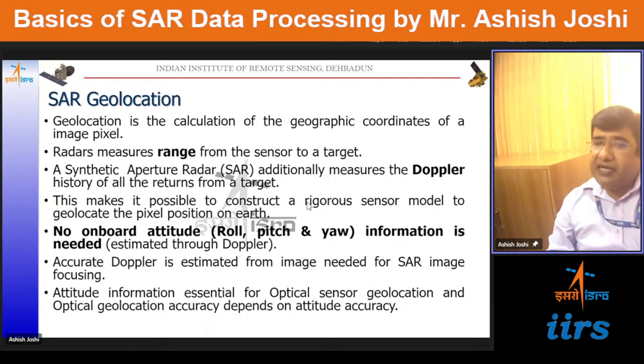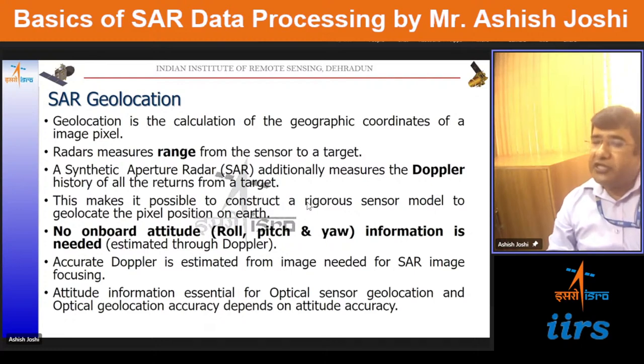Radar measures the range from the sensor to the target. I have already told you about the range. And the synthetic aperture radar additionally measures the Doppler history of all the returned targets. As I said, in the synthetic aperture concept, it is the motion of the SAR that makes the synthetic aperture.